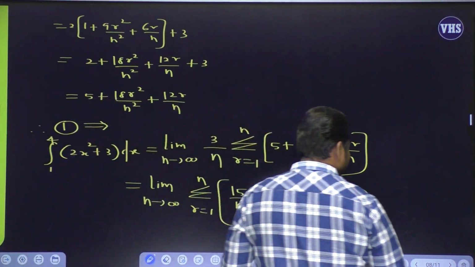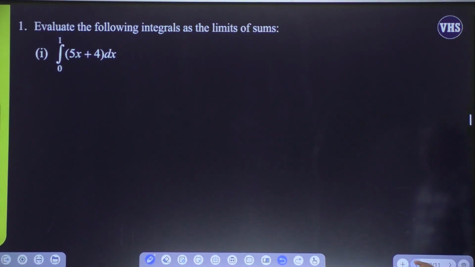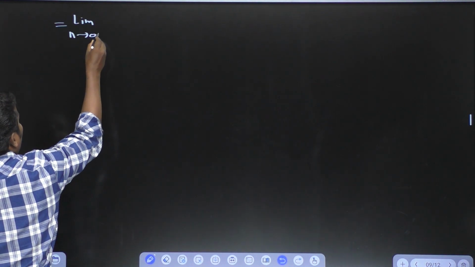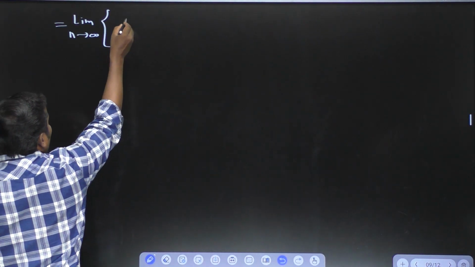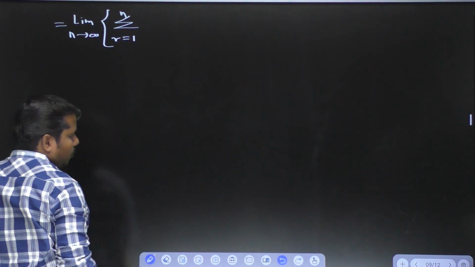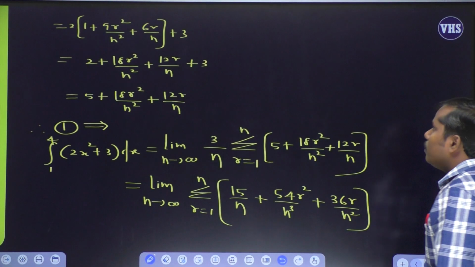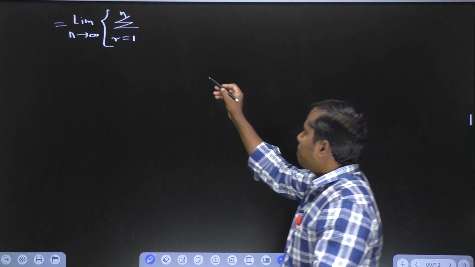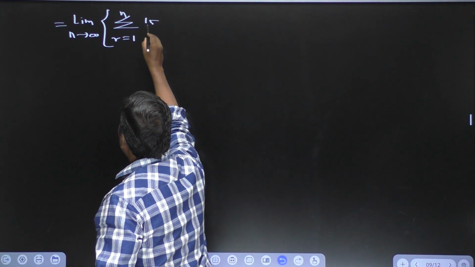Let's apply it. So that is equal to the limit as n tends to infinity. Careful, summation ranges over r equal to 1 to n. What is the first term here? 15 by n.